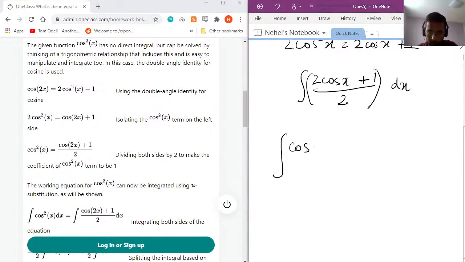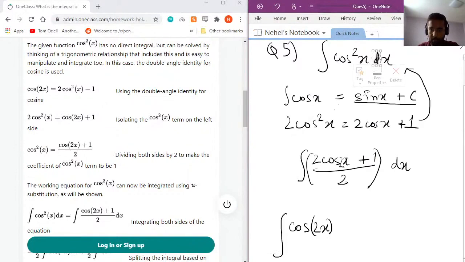So this is cos 2x, and then this is also cos 2x, because if we look at from here, this is cos 2x. Apologize for the error, I hope you understand.